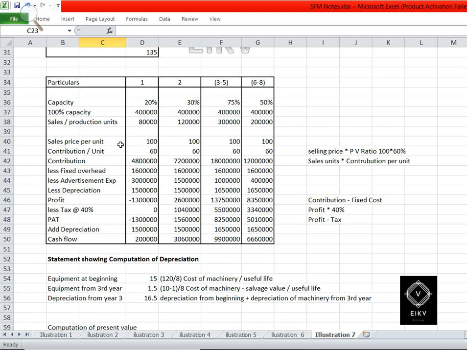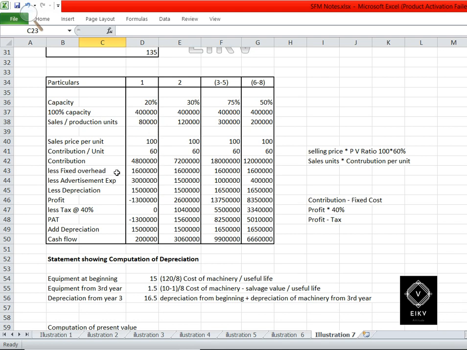So 100 into 60% gives 60 rupees each. Then when we multiply contribution per unit by sales units per year, we will get the contribution amount.